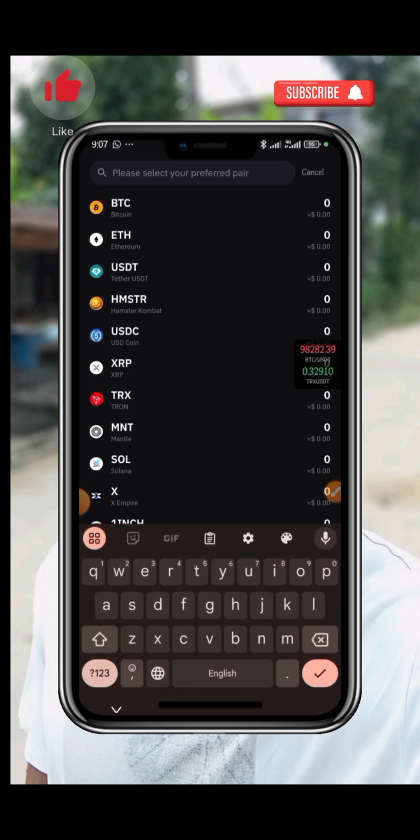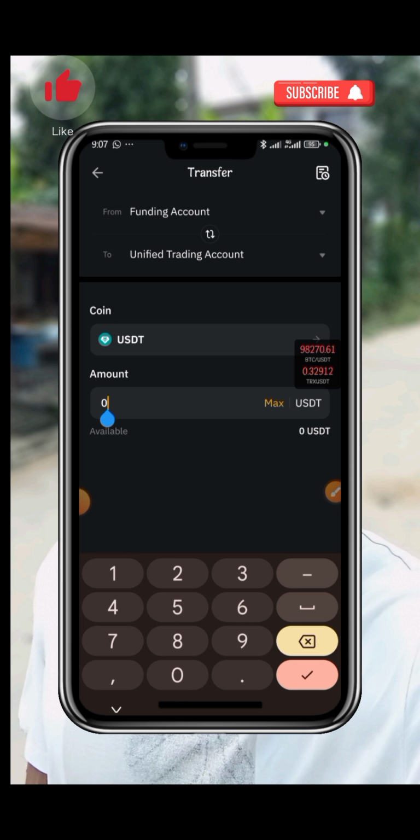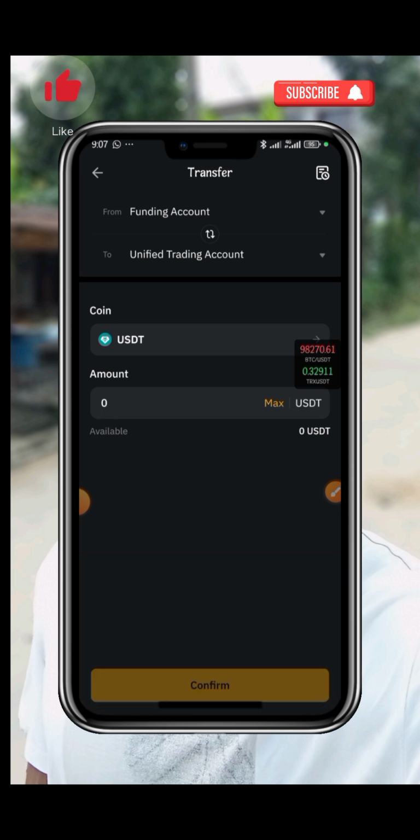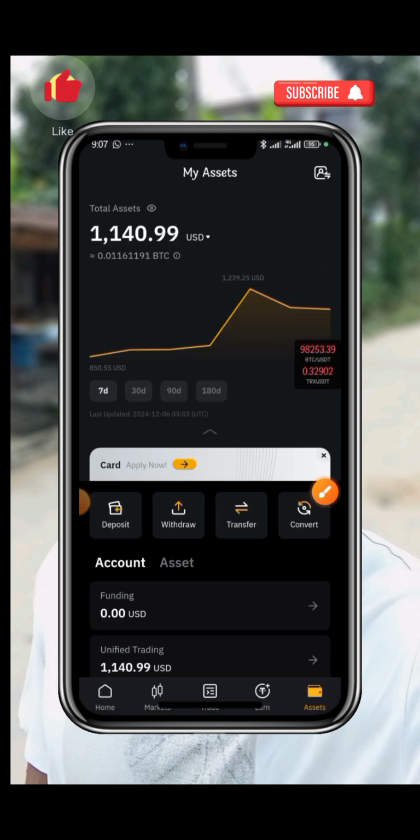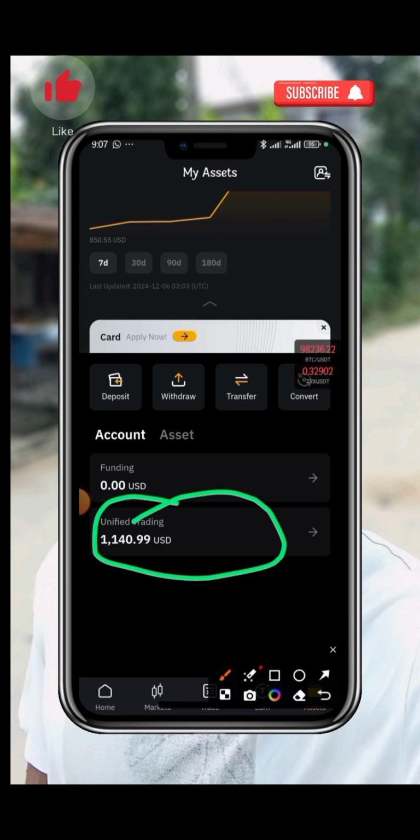Then you can click on maximum, or you type in the amount you want to transfer, click on transfer, and then click on confirm, and that is it. Now if you look down there, my money is currently in my unified trading account.